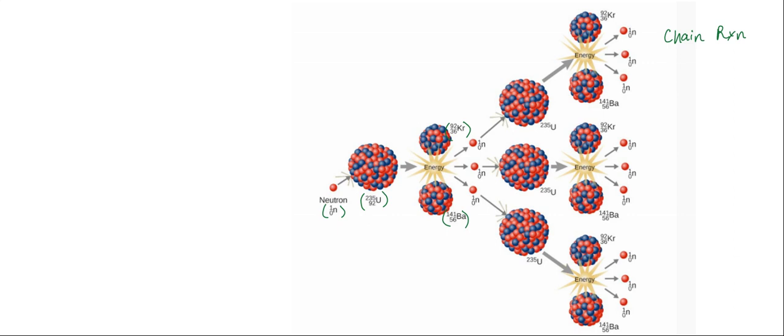So what we're going to do here is take the example of uranium-238, and we're going to show it breaking into strontium, which is isotope 95 here, and xenon-140. And of course, we're going to have 3 neutrons left over. Now what I'm going to write here are some atomic masses.